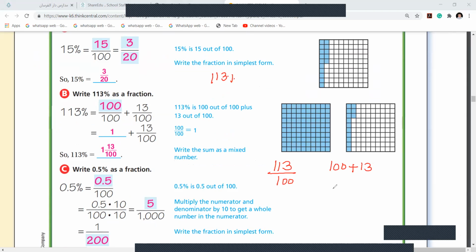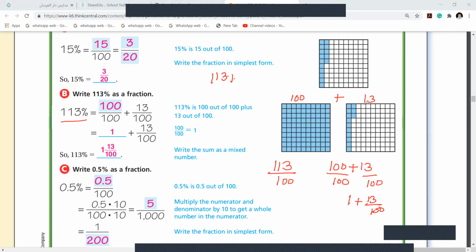Am I correct? 100 plus 13. 100 by 100, 13 by 100. So that is 1 plus 13 over 100. One has to be full and the other has to be 13. Look at this carefully, girls. This is 100. How many extra if I say 113? 100 plus 13 gives you 113. Am I correct?